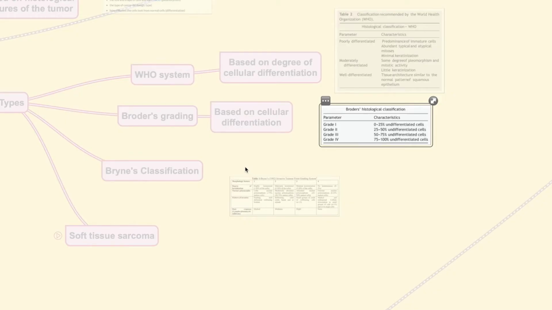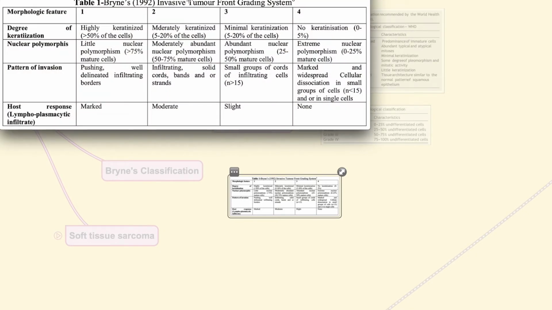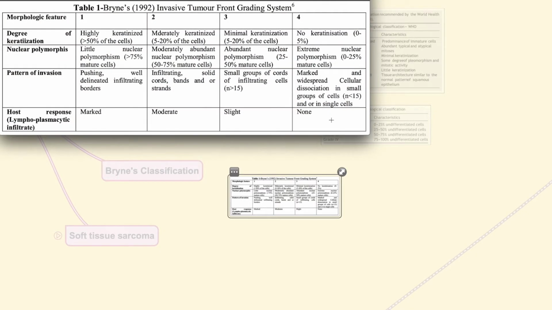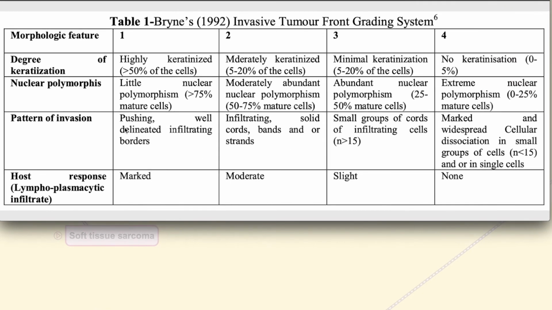Then there are other classifications that are less commonly used, such as the Bryans classification. The Bryans classification differentiates based on four factors: the degree of keratinization, the polymorphism of the nucleus, the pattern of invasion, and the response by the host.